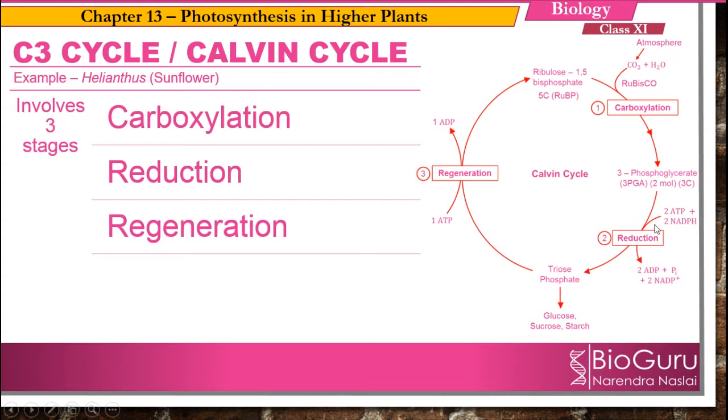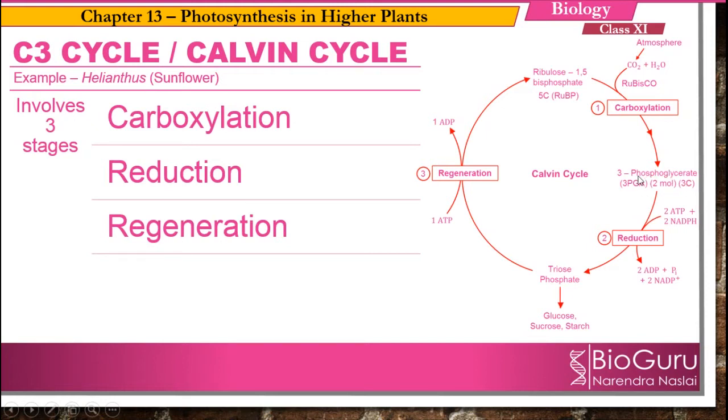So further this undergoes a reduction. So the next step is reduction. During the reduction, 2 ATP are required. Why 2 ATP? Because for each molecule of 3-phosphoglycerate, 1 ATP is utilized.